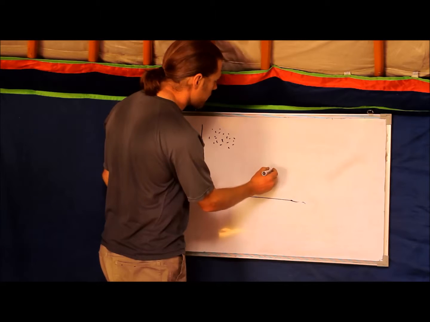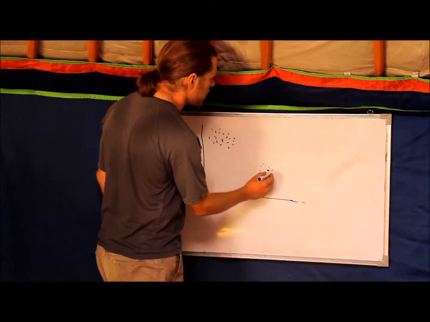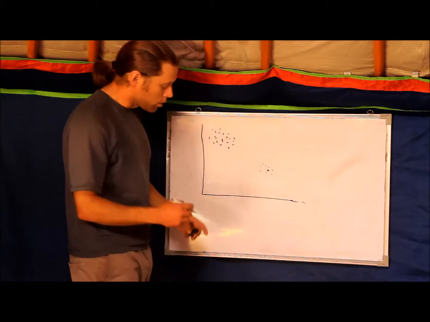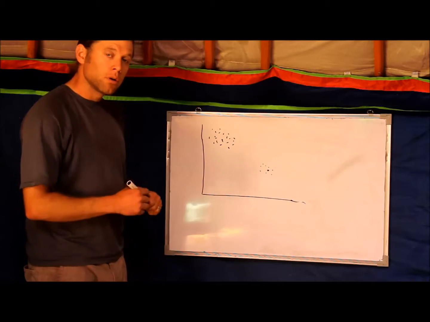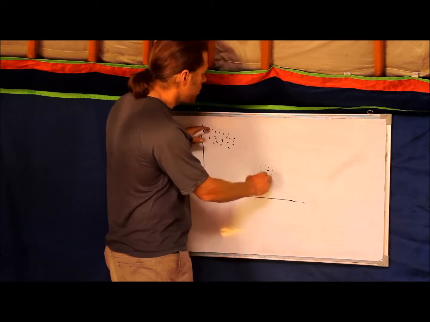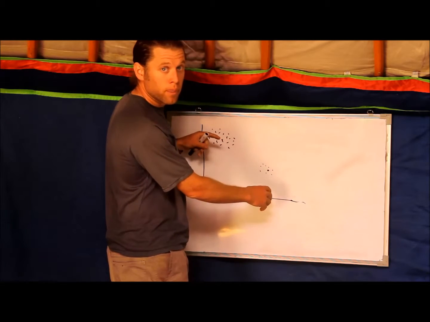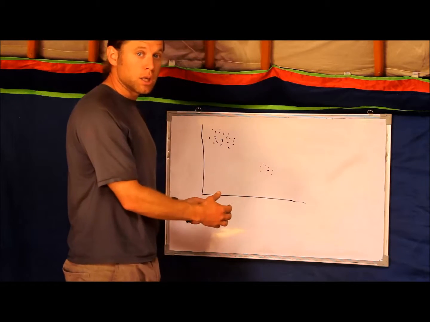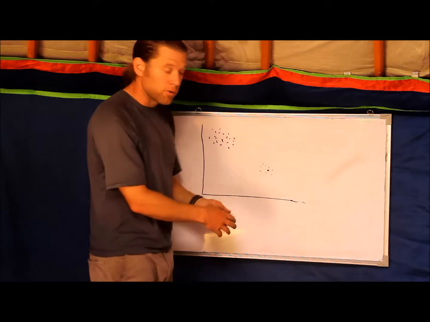Maybe you find out you can get more points over here, and now you can either do another regression line between here and here, or you can treat these as categories.